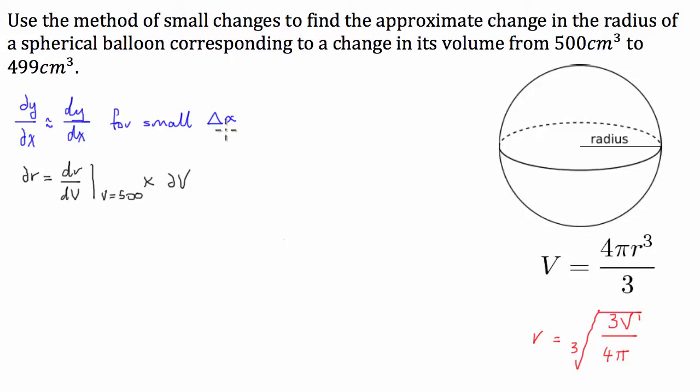Cool. So we have our radius in terms of volume equation here, and we are going to differentiate it. To differentiate it, we take that to the power of 1/3.